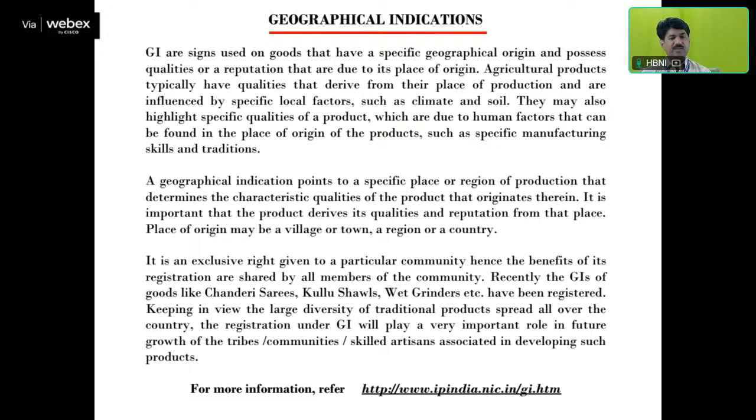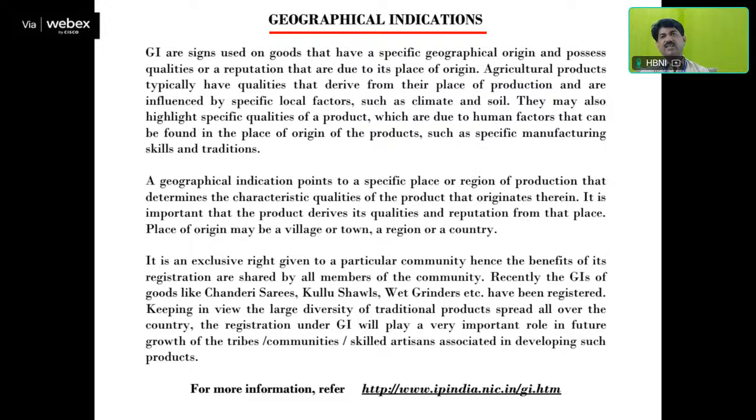That particular laddu is made of very specific ingredients, and the process of making it makes it very special. All the time the taste, the consistency, the texture, everything remains the same. They follow strict guidelines for preparing it, so they have gone for a GI tag for that food product.